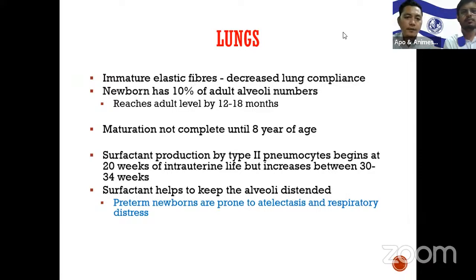Surfactant production by type 2 pneumocytes begins at 20 weeks of intrauterine life, but increases between 30 to 34 weeks. The surfactant keeps the alveoli distended. But in preterm newborns, the surfactant level is low. Therefore, preterm newborns are more prone to atelectasis and respiratory distress.